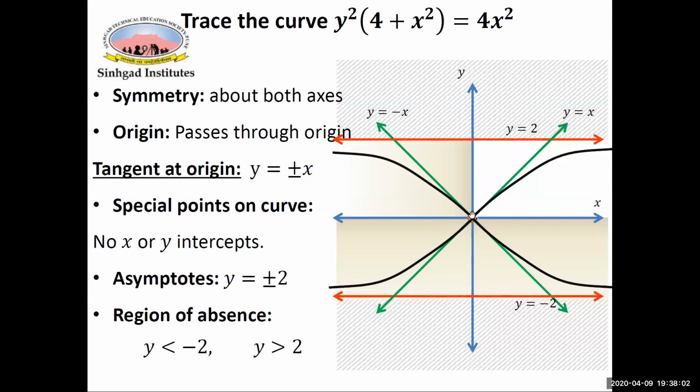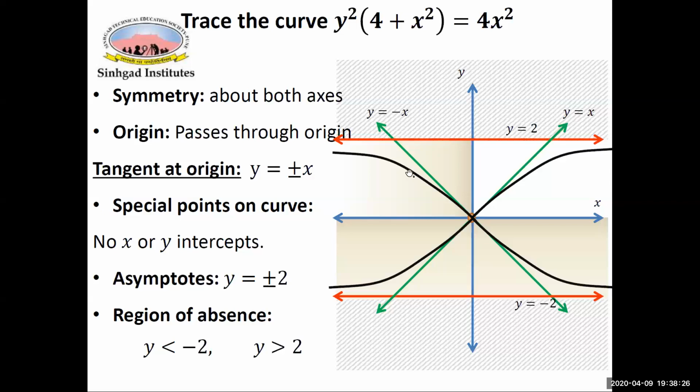Now the nature of the curve: since this is the tangent at origin and this is an asymptote, your curve will move like this and will touch this line at infinity. Why have we not drawn the curve like this? Because if we draw like this, it will cut the line y equal to 2 at a finite point.